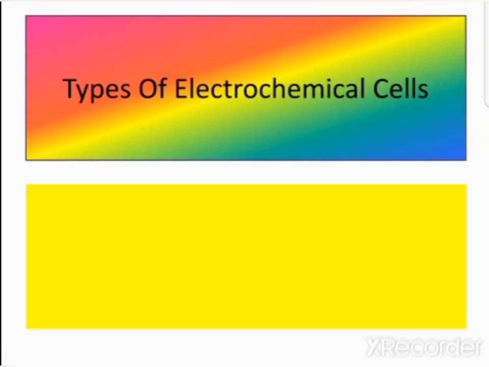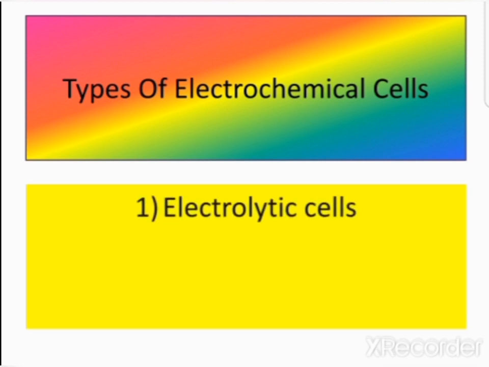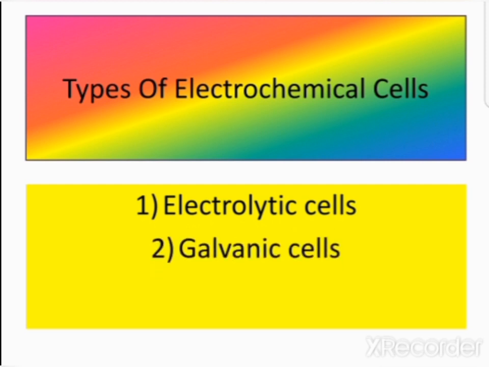Types of electrochemical cells. There are two types of electrochemical cell: electrolytic cell and a galvanic cell. Today we are going to discuss only galvanic cell in detail.